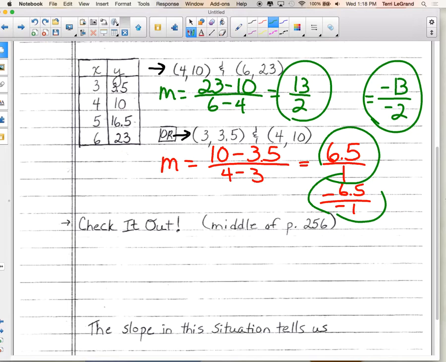35 over 5. Where'd you get that? What'd you do? 6.5 is the next number. Okay, 6.5 can be written as 6 and 5 tenths, you're saying. And how do we get 35 over 5 out of that?